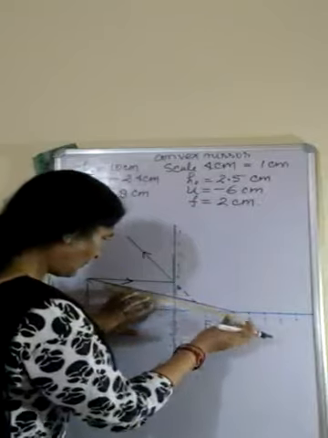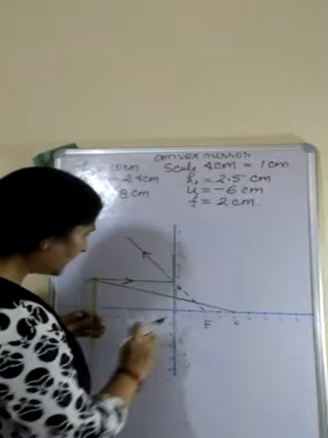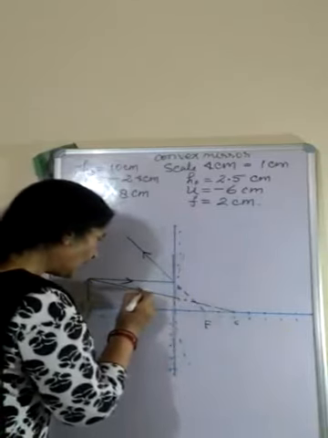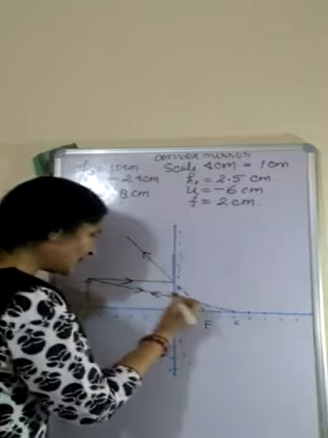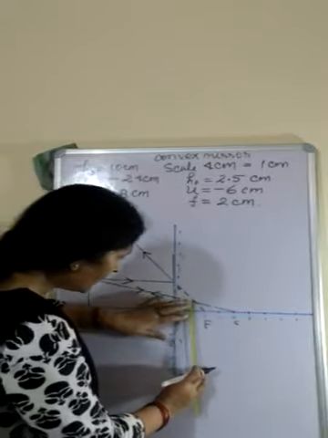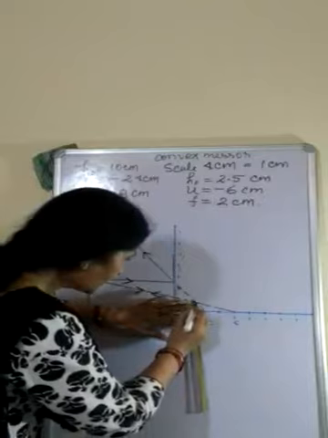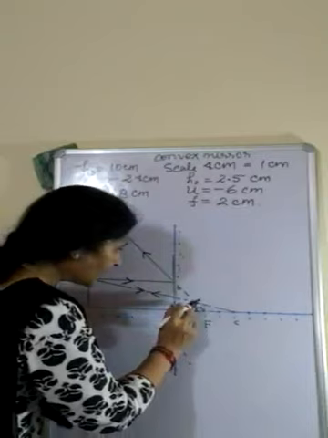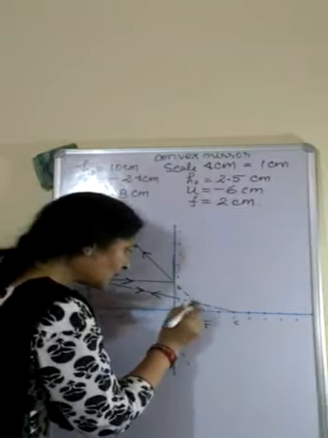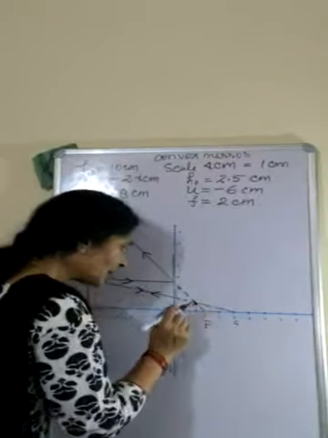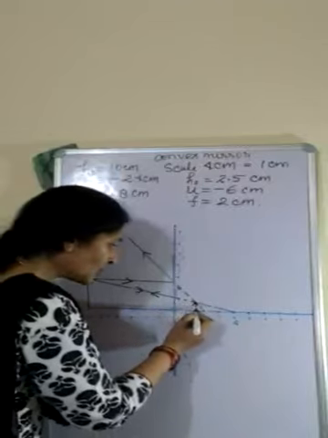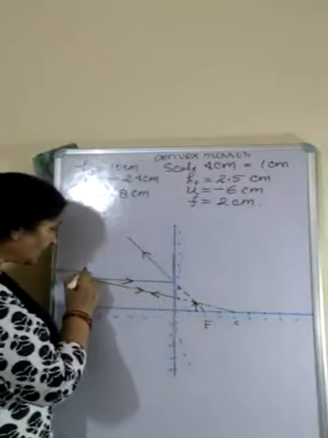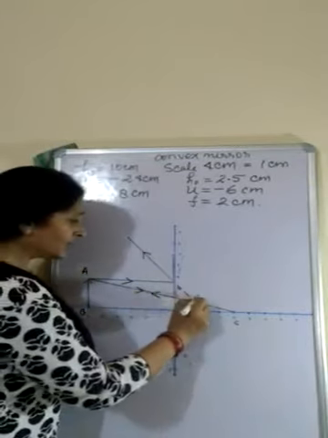The image will form, this should be the dotted line here, and the ray will be incident and reflected back in the same direction, and here the image will form. And this is also dotted line because virtual image will form here. The image formed is virtual. This is the size of the image formed, and this is the object. This is the object and this is the image formed.